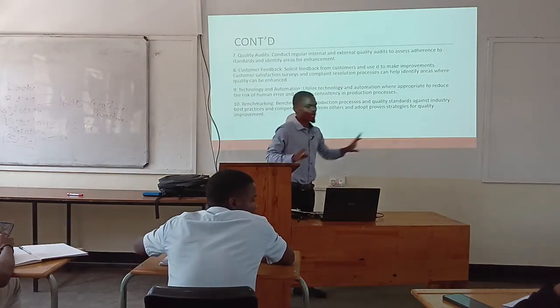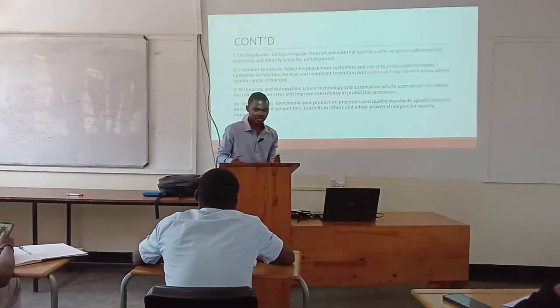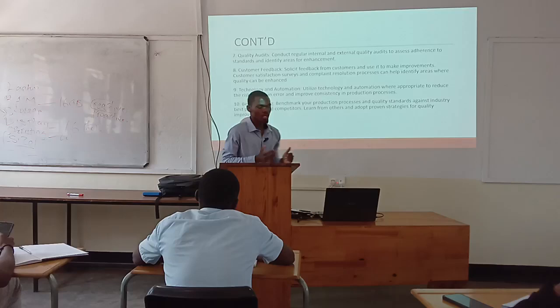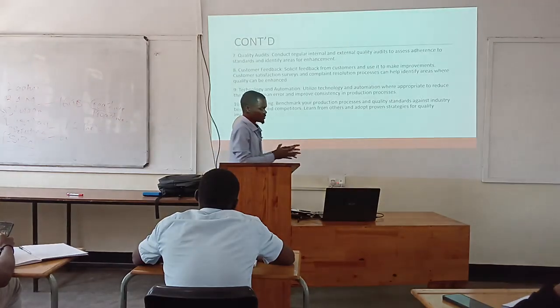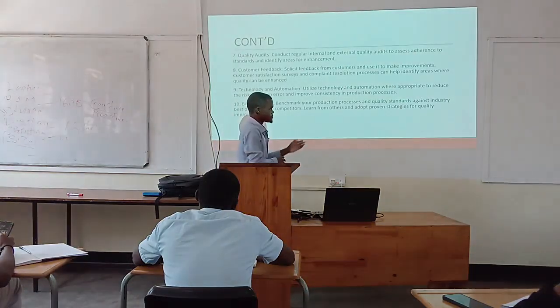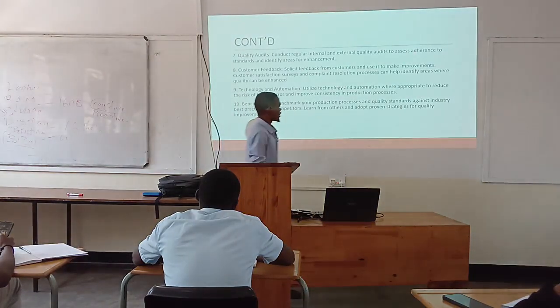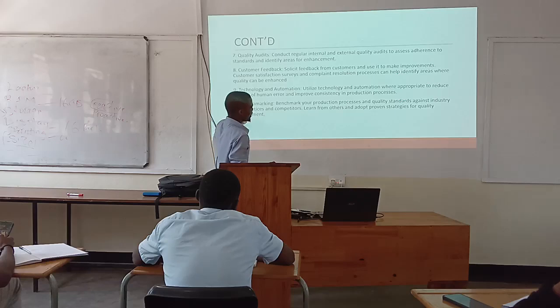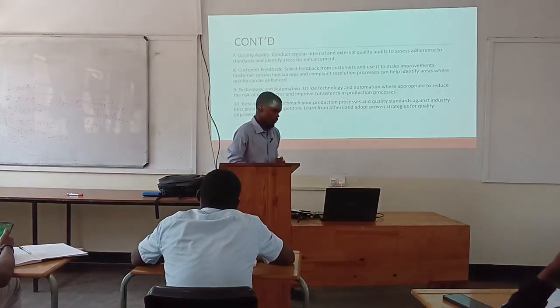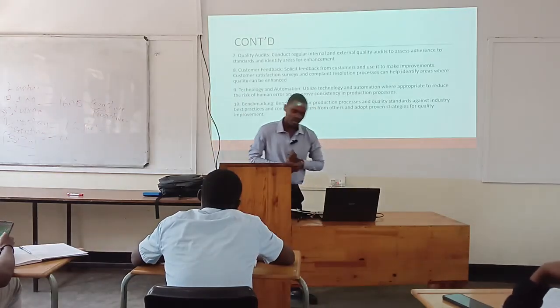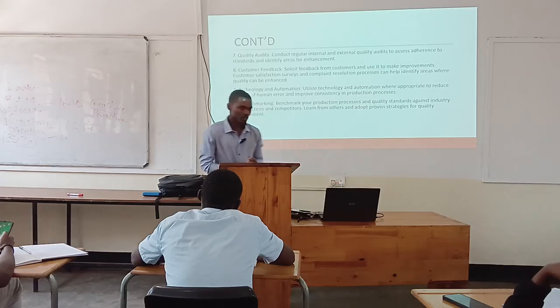So maybe our competitors are doing it in a way that we are not doing it. So we have to compare our production processes with our competitors in order to understand areas of improvement within our organization. By addressing these areas of improvement, we can improve our overall quality.